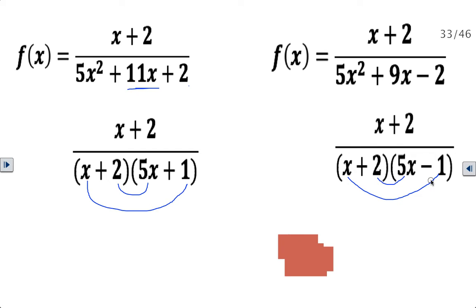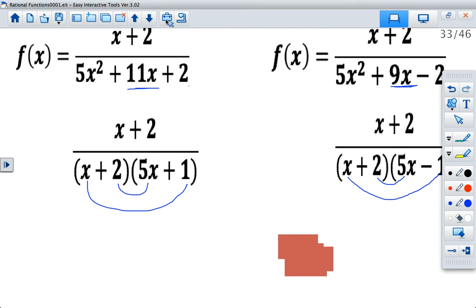So 10x minus x gives you 9x. Okay, so we're just checking our middle terms. Also, your number here times this number should equal this number here. So you should always check and verify that you have the right answer.